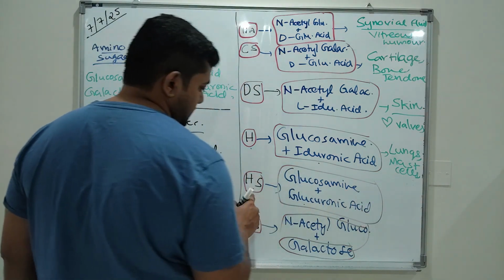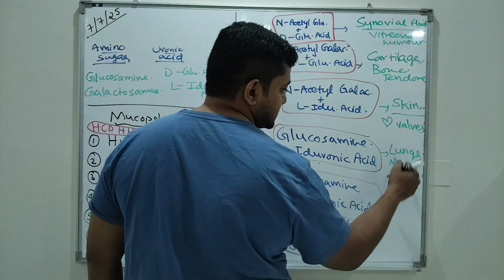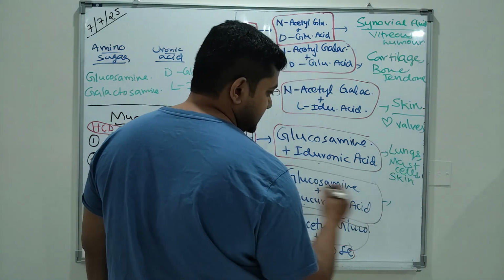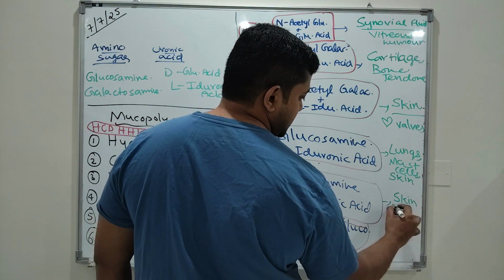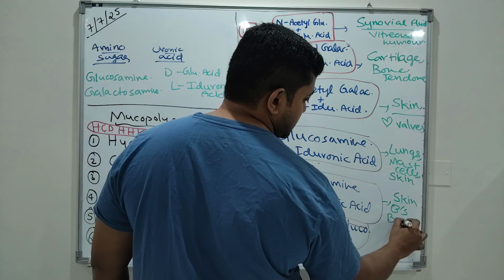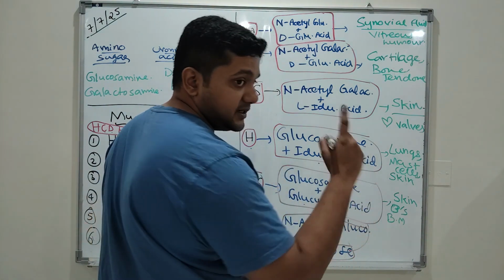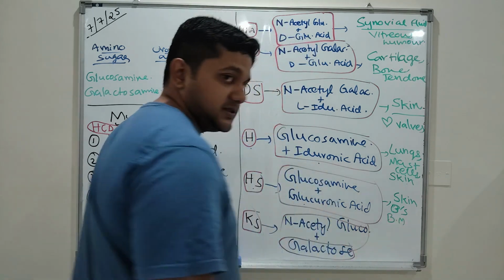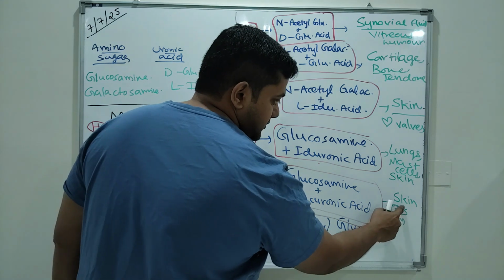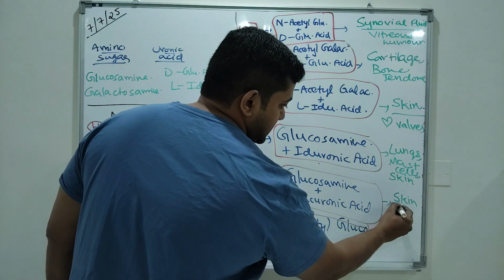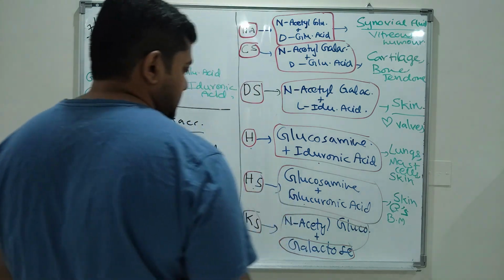Heparan sulfate is in skin and the basement membrane of the kidneys. I hope you remember the basement membrane of the kidney, which might be covered in detail in your physiology and nephrology classes. That is heparan sulfate.